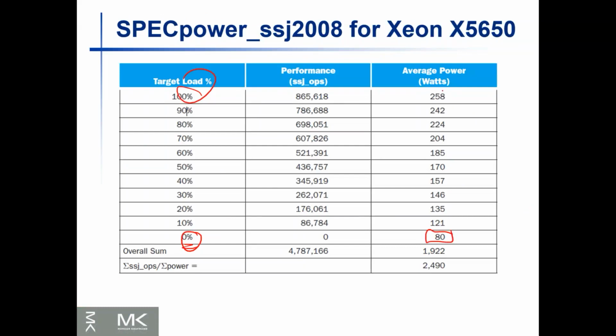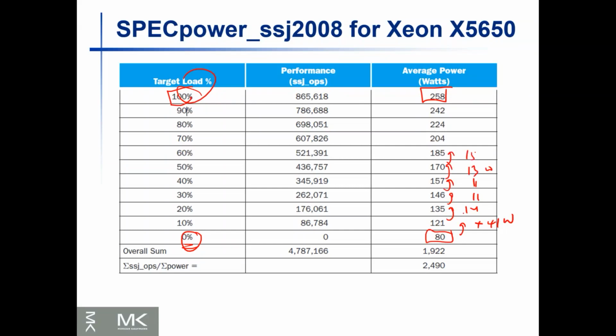And if the server is running at 100%, it's using the maximum power consumption of 256 watts. So you can see that if we increase the load by 10%, you increase the power consumption by 41 watts. Increase another 10%, you increase just 14 watts. Another 10%, you increase by 11 watts. Another 10%, 11 watts. Another 10%, 13 watts. And here it's just 15 watts.